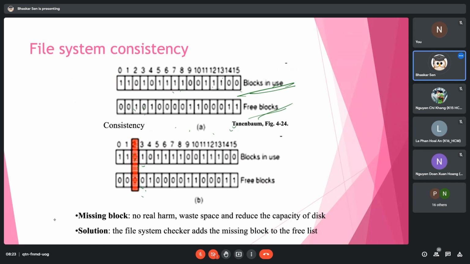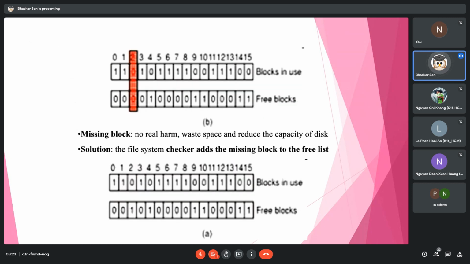Okay. It was previously free. One is free in this case, and zero is occupied, so now it is occupied. So if there's a mismatch, it's not a big deal, but it will be corrected quickly by your file system.